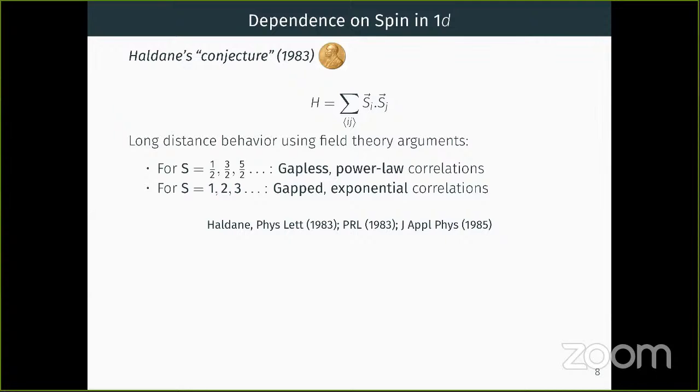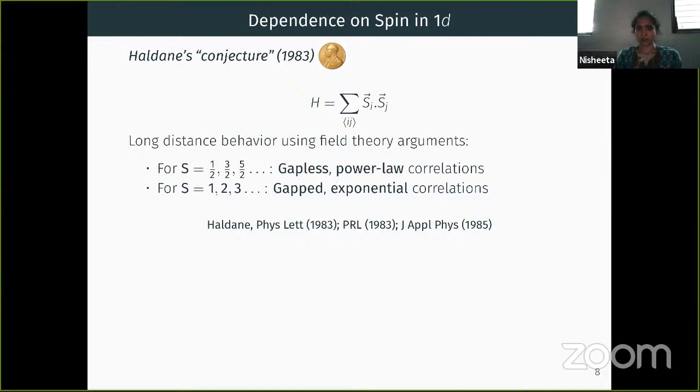So the long distance behavior of quantum spin chains was given by these field theory arguments. Haldane predicted that for half integer spins, you have a gapless state and correlations of power law, while for integer spins, you have a gapped state with exponential correlations.